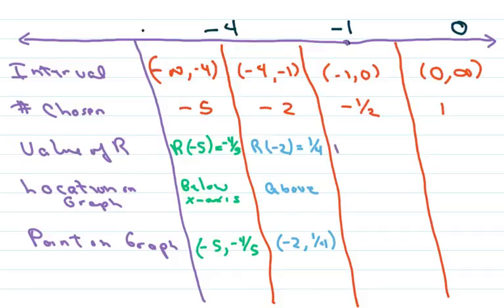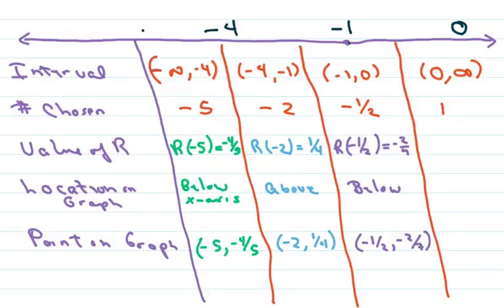On this one, we're going to test r of -1/2. That gives me -2/7. You're going to have to plug it in. I already did that. This is below the x-axis, so our point is -1/2, -2/7.